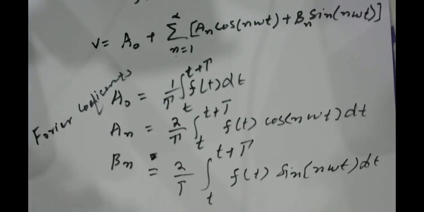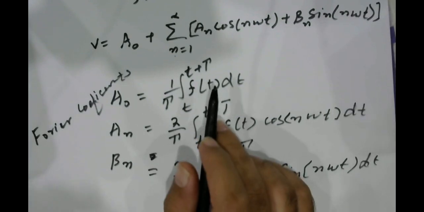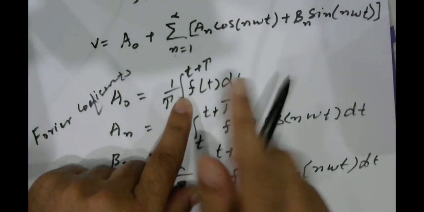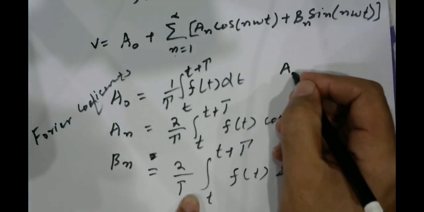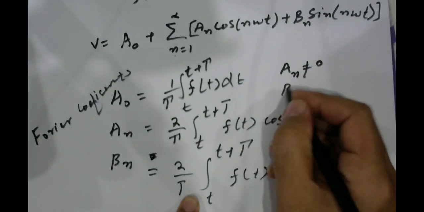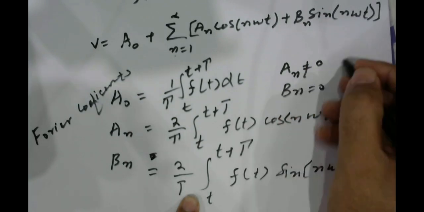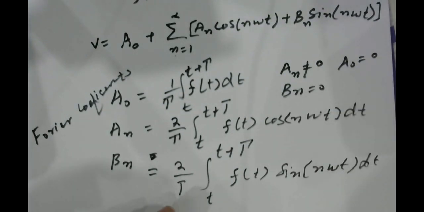Okay, and here I'll tell you, before I told you what is even function and what is odd function. So if you know that your function is, say, an even function, okay, so for even function you will have only the a n values. Okay, a n will be non-zero, b n will be equal to 0, and a naught will be equal to 0.